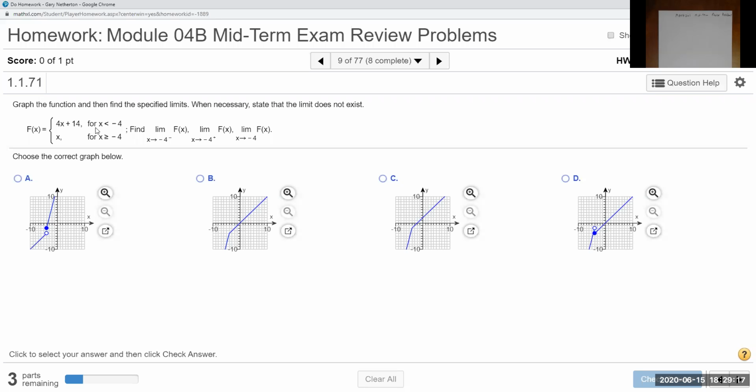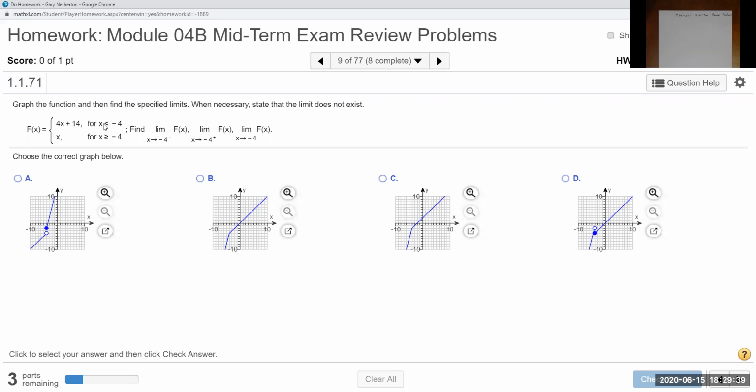This function applies for x less than -4. In other words, when x is less than -4, now what does less than -4 mean? It means, in a sense, a bigger negative number, like -5, -10.